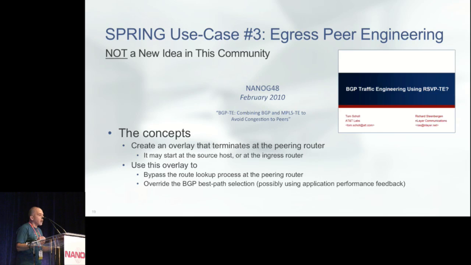Tom and Richard explained the initial concepts around egress peer engineering, which are, hey, let's bypass the forwarding decision made in our peering routers. The reason we want to do that is because we want to override the BGP best path selection with something that we think is better.